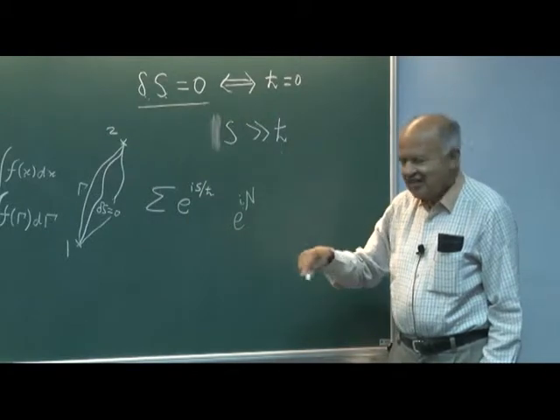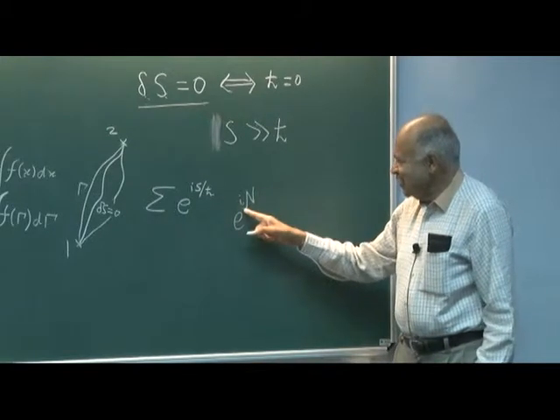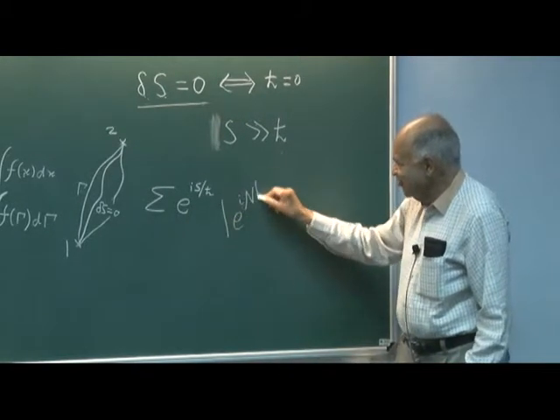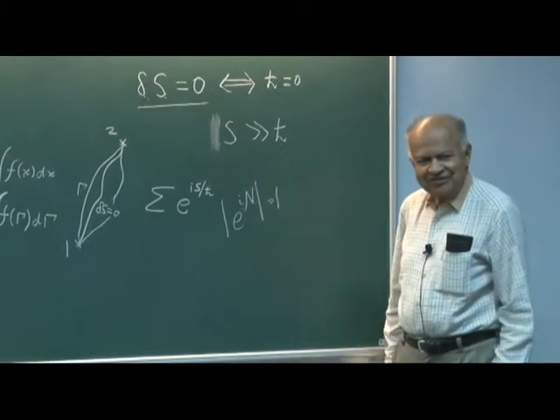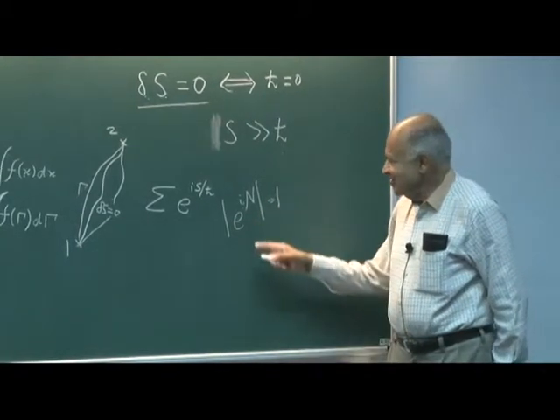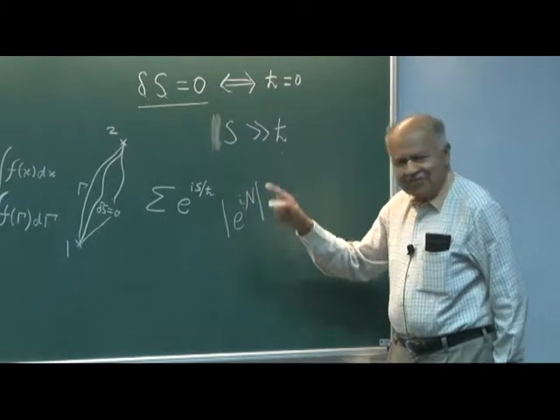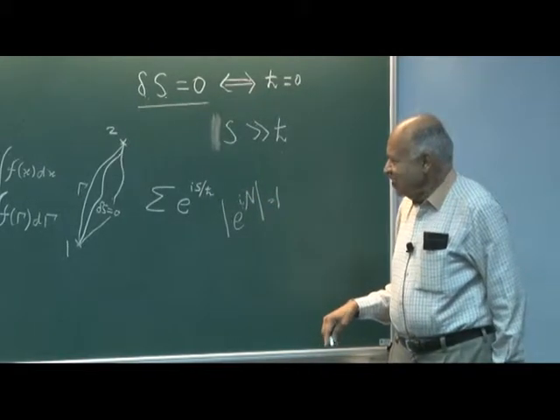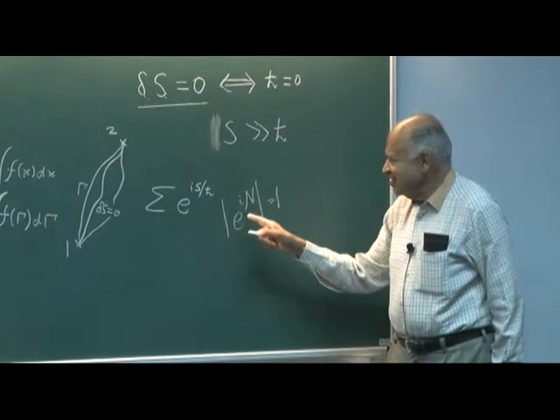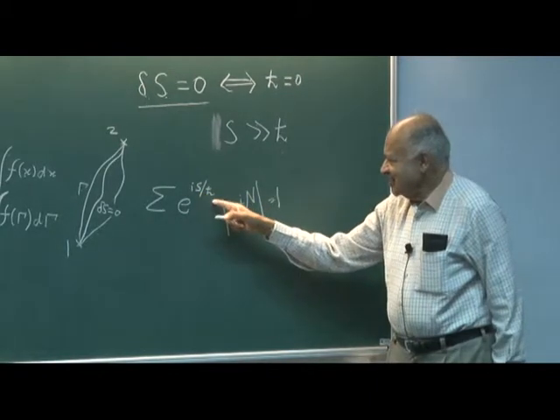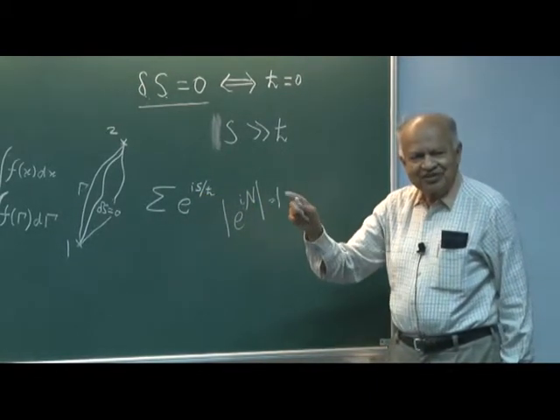It will be of magnitude 1, it is always equal to 1, a complex number of magnitude 1, but it is oscillating very rapidly. And so, if you sum over such things, these oscillating numbers will give you 0.